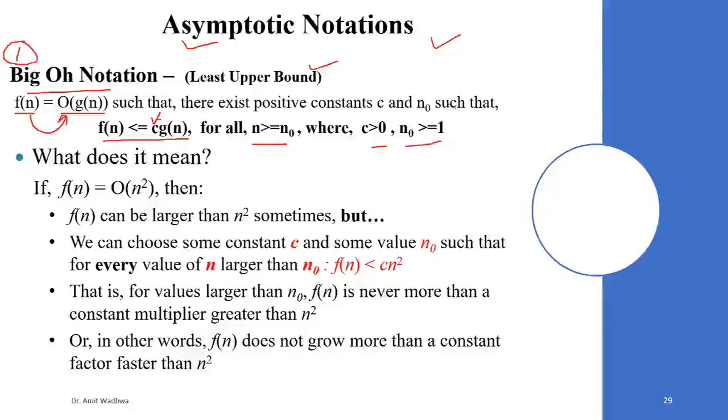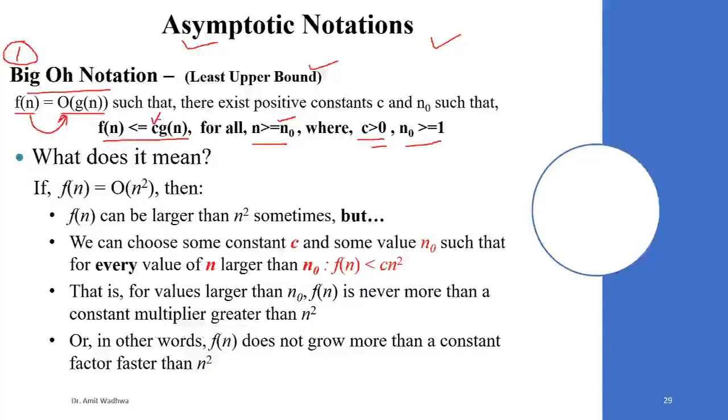Based on these conditions, our function should be less than or equal to some constant c multiplied by the g(n) function. So if we are able to find a function g(n) multiplied by some constant c which, after the value of n naught, is always greater than or equal to f(n), then that works.